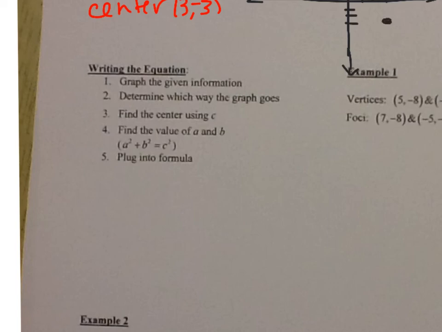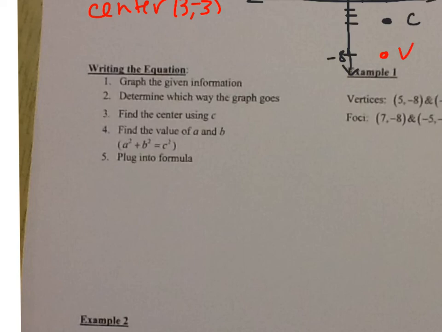So there's my center. And now since my hyperbola is going to be up, down like this, we need to go from center up 5 and down 5. So when I go up 5, it's going to put me at 2. So there's one of my vertices. And we'll go down 5, which is going to put me at negative 8 down here. And there's my other vertex.